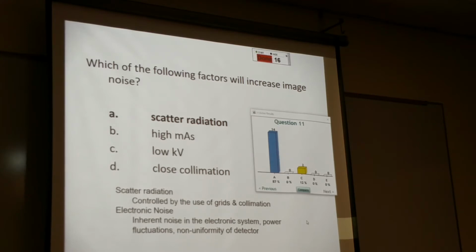Most of you got that right. So as I said, what increases noise? Anything that produces scatter. Does low kV produce more scatter? No. High kV produces more scatter. Close collimation, smaller field area, less scatter. And then we know high mass is the signal, which is what we want.